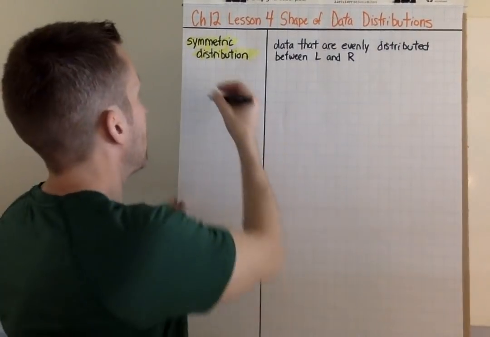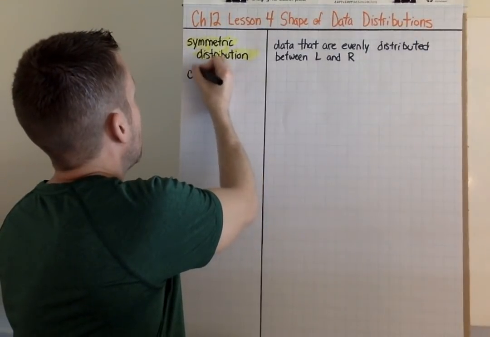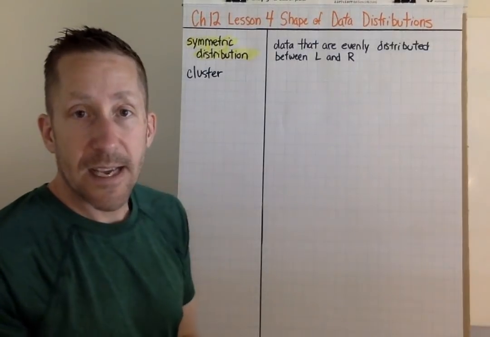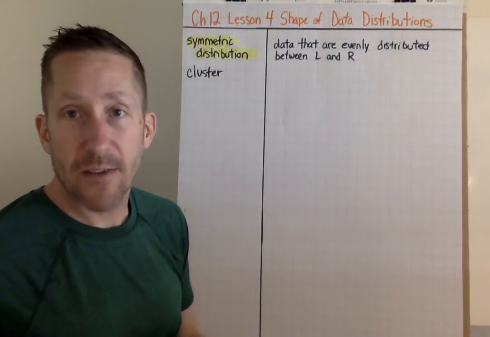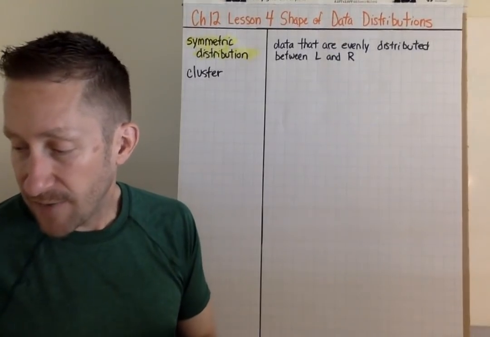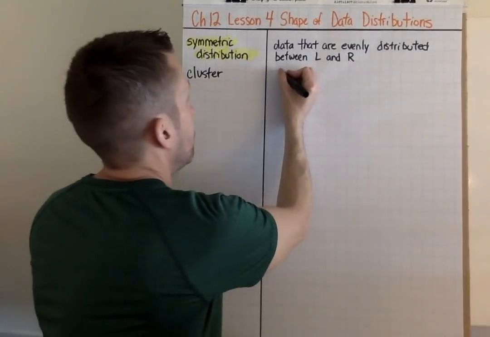The other thing that we can talk about is a cluster. Well, you can kind of guess, when there's a cluster of kids in the hallway, there's a big group. So that's kind of what it means with your data as well. Several data values grouped together.